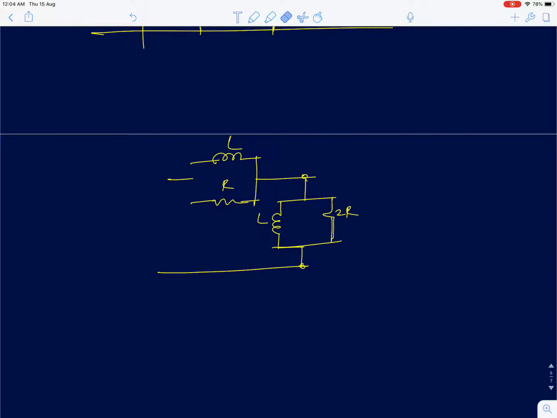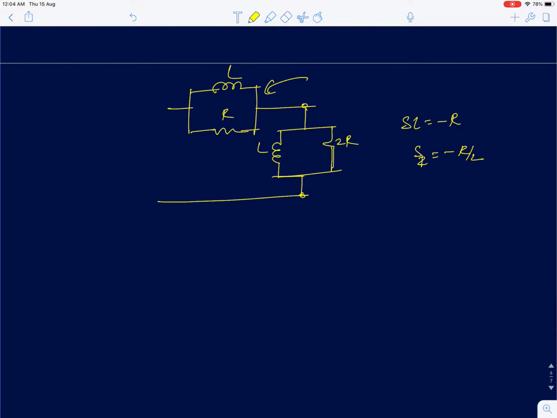Now the other possibility to find the 0 is when the impedance between the input and the output can blow up to infinity, and that will happen when SL equals minus R, so your 0 is at minus R by L. At that frequency we can easily show that this impedance here doesn't blow up to infinity.